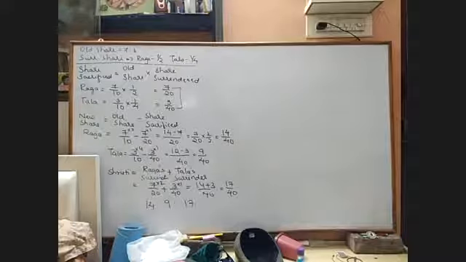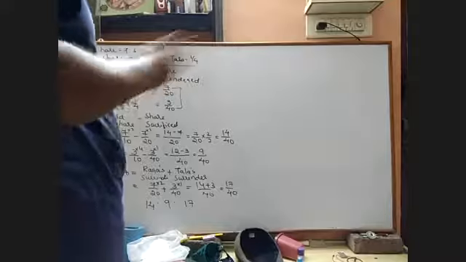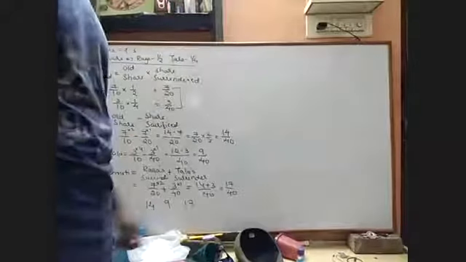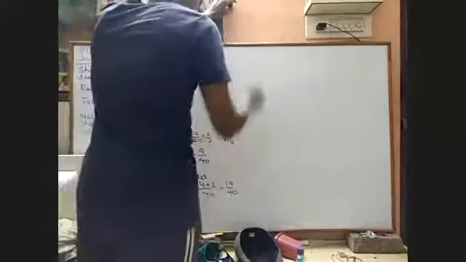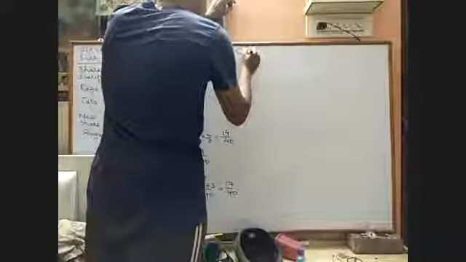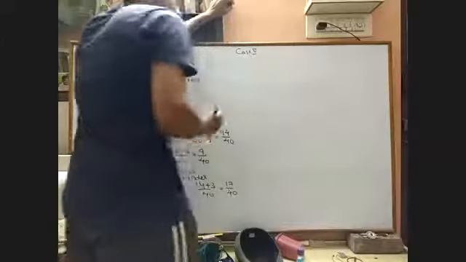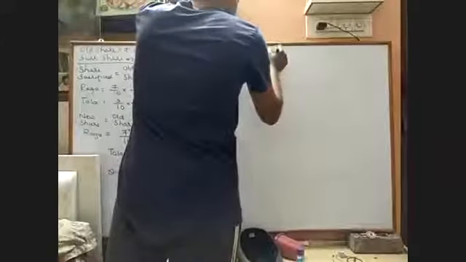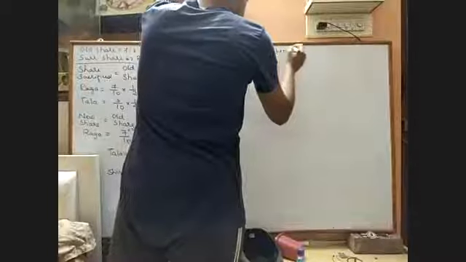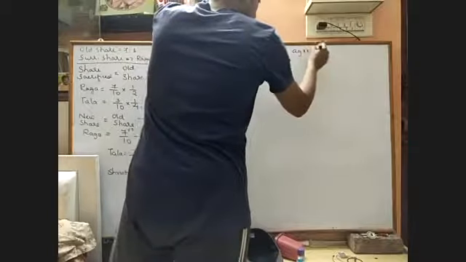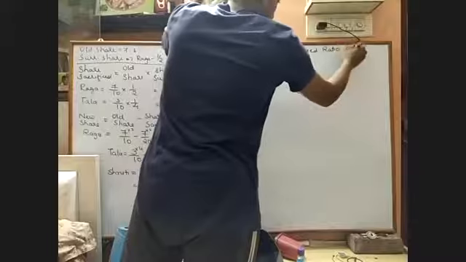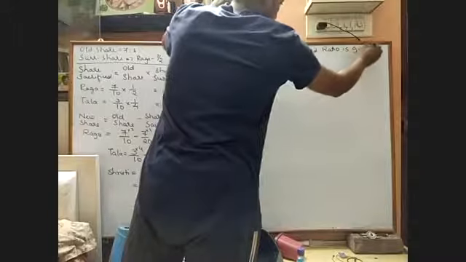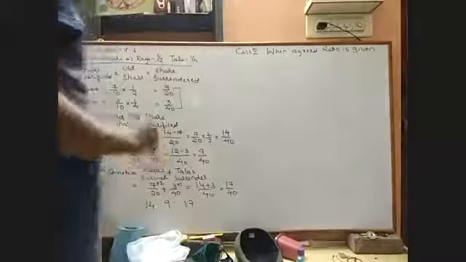Okay. So now keep an eye on the formula of problem number 1 so that you can understand case 5, which we are discussing now. Case 5, when agreed ratio is given. When agreed ratio is given.